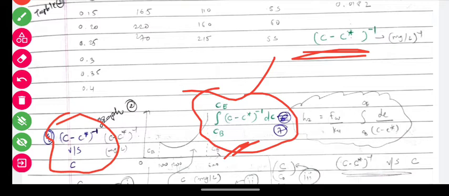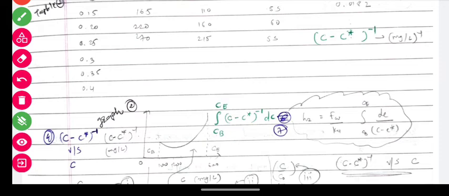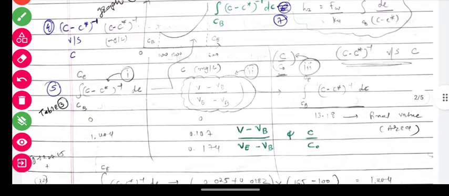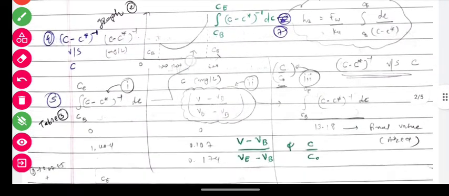I will tell you how this area is calculated. So the purpose of graph 2 is to obtain this area, because this area is used for calculation of HZ. So how is this area calculated? The area is calculated by this.